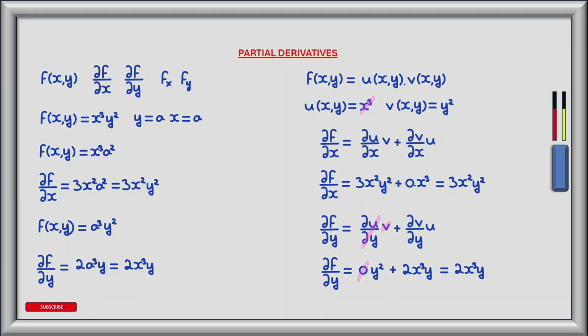We multiply this by v, where v is equal to y squared, so we have 0 multiplied by y squared, plus the partial derivative of v with respect to y, where v is equal to y squared, we can find using the power rule. So its partial derivative is 2y. We multiply this by u, where u is equal to x cubed, and we see that the partial derivative of f with respect to y is equal to 2y x cubed.